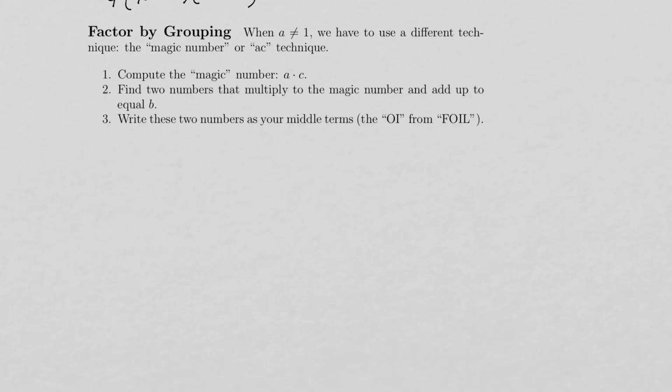Okay, what if we have a trinomial where the a is not a 1? So we have a more general ax squared plus bx plus c that we want to factor. If that's the case, then we could try something, sometimes called the AC technique, where you multiply the a and the c.